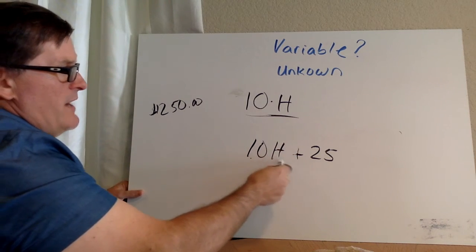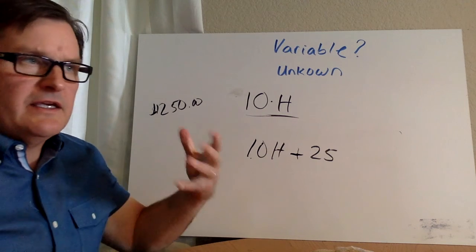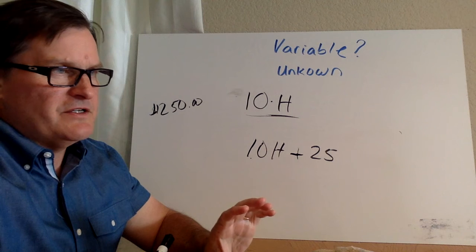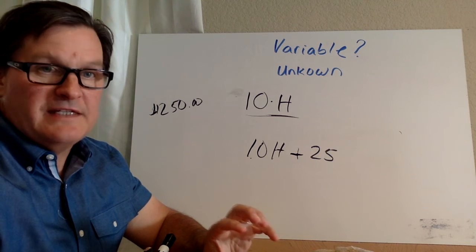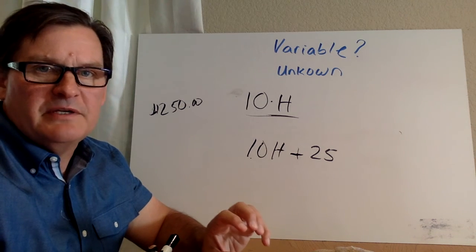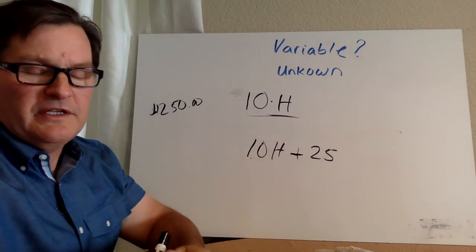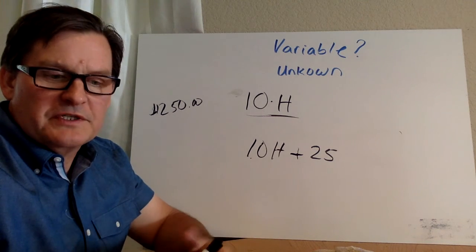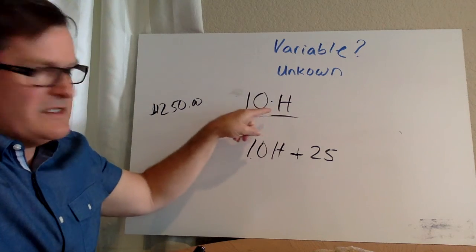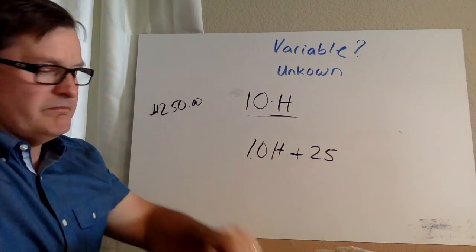I get $10 per hour plus 25 for every week that I work. And it can get way more complex than that. If you actually look at pay, there's amount of money they take out. This really is a very complex percentage, which turns out to be a really complex expression, or eventually it's actually a function, which we'll get to eventually in this course. So variable, unknown, it's the letter and the mess of stuff that you're dealing with. Now you know.